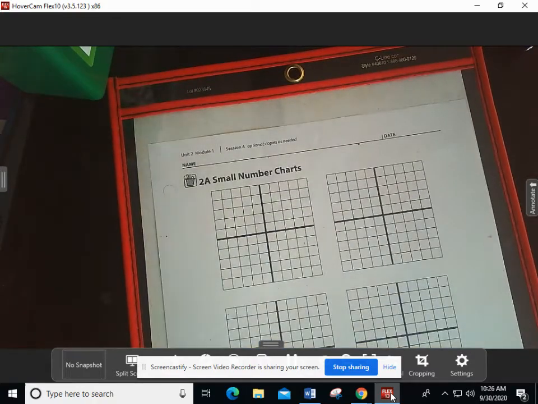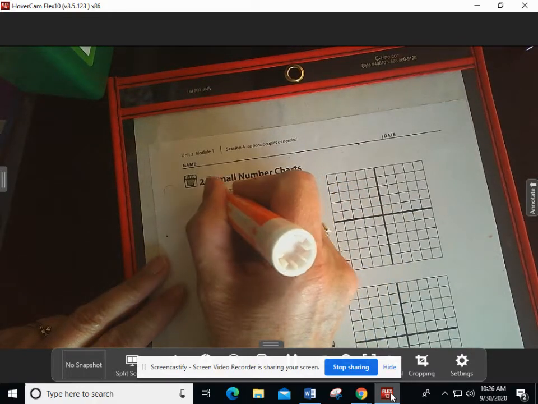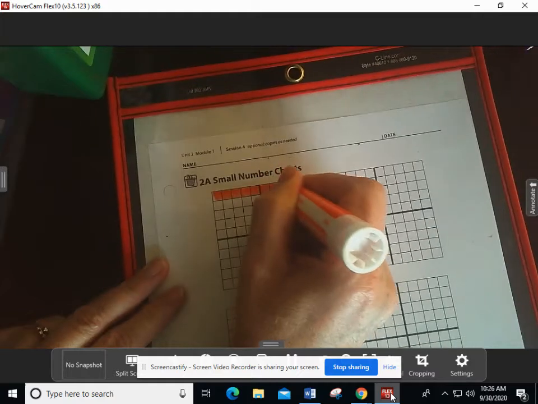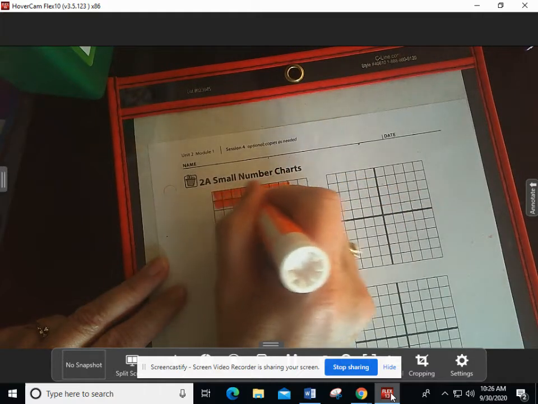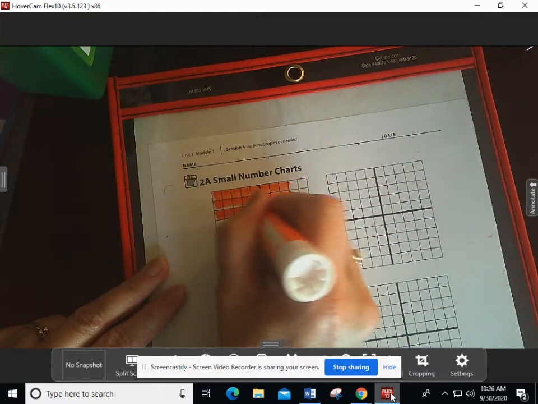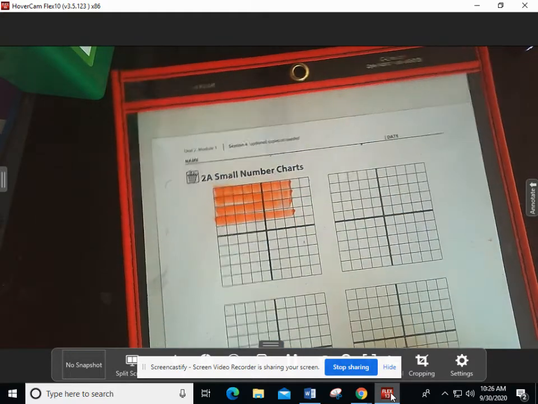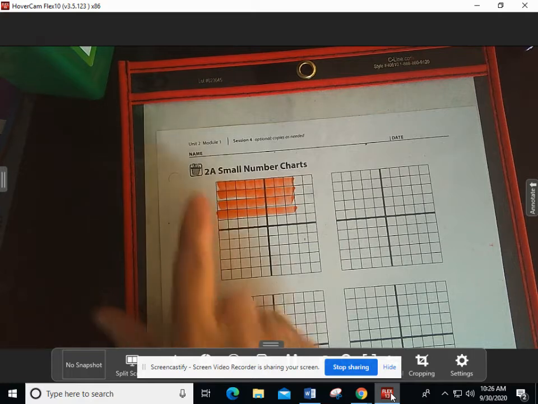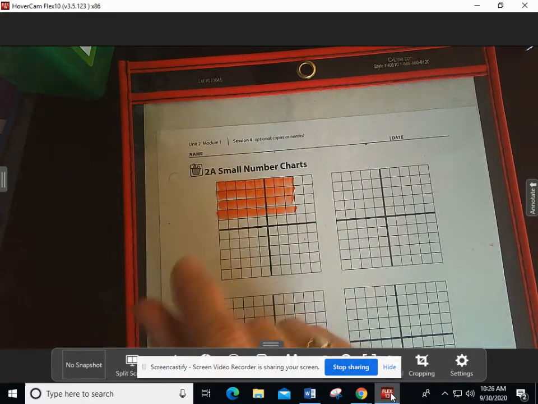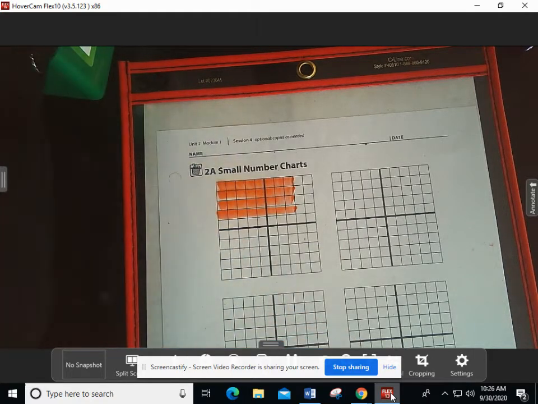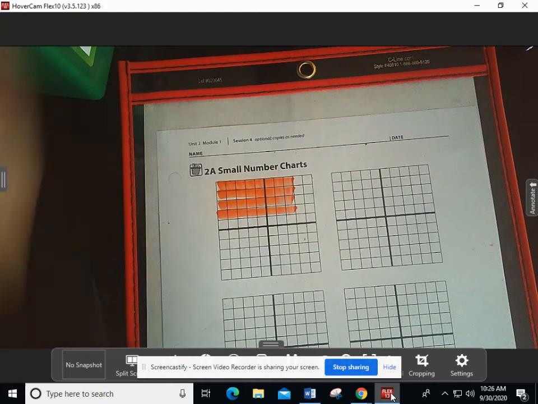So if I draw this array, how many rows do I have going down? Giving people a chance to think. Trevor. 4. I have 4 rows going down.